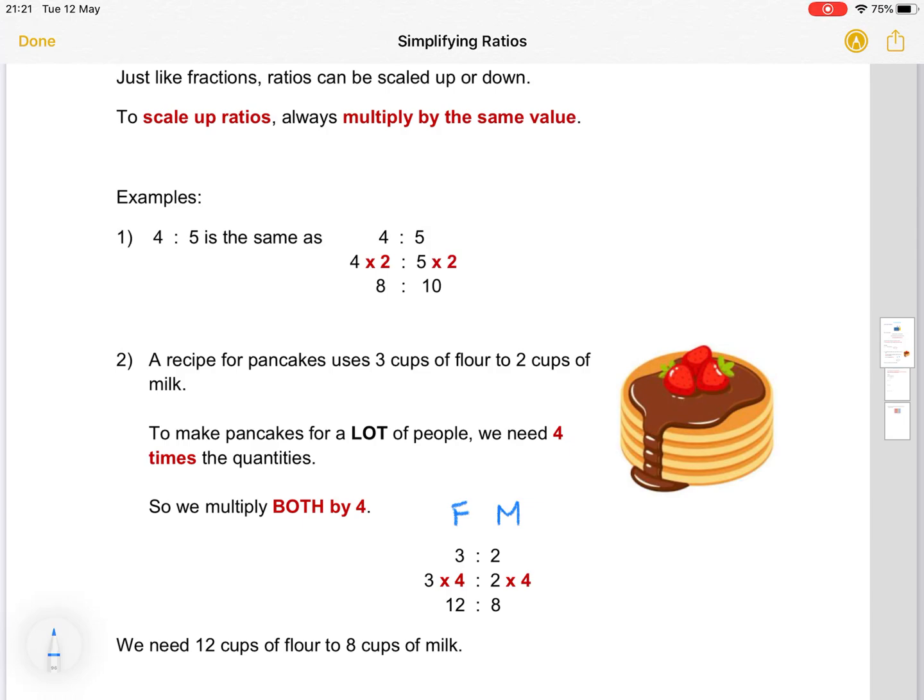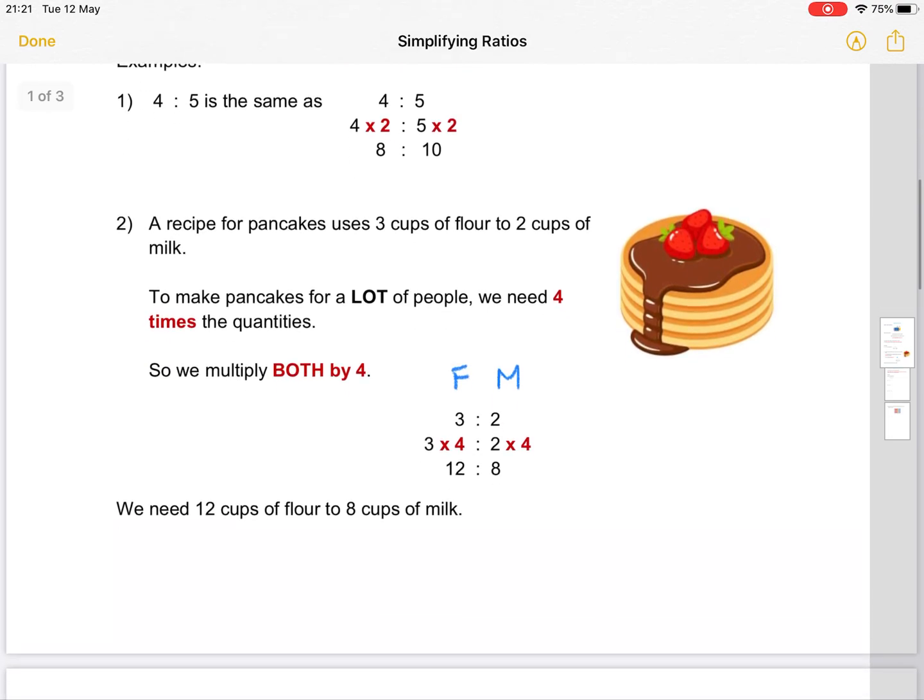Now I need to multiply the recipe by 4, so I need to multiply both parts of the ratio by 4. I multiply the 3 by 4 and I multiply the 2 by 4. 3 times 4 is 12 and 2 times 4 is 8. So the answer is 12:8.